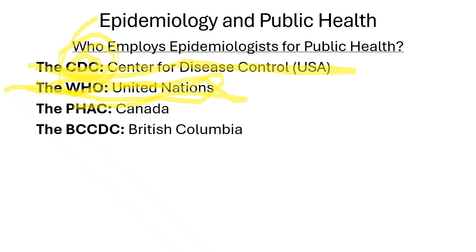So richer countries pay more money to the United Nations, and the United Nations allocates a certain fraction of it for the World Health Organization. So the World Health Organization is the second biggest and second most influential and useful public health organization in the world.